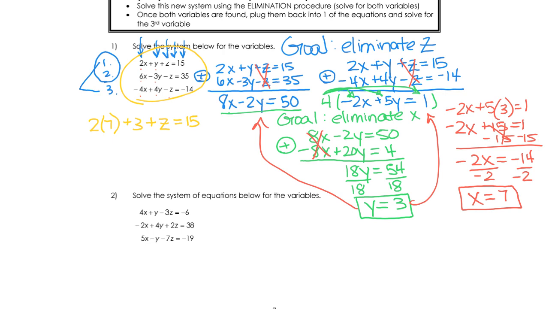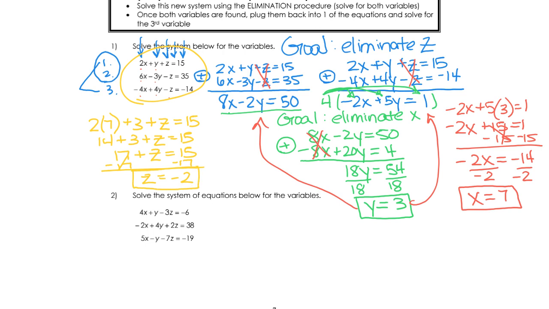This comes out to be 14 plus 3 plus z equals 15. That's 17 plus z equals 15. Subtract 17. And z comes out to equal negative 2. And now we have all 3 variables.